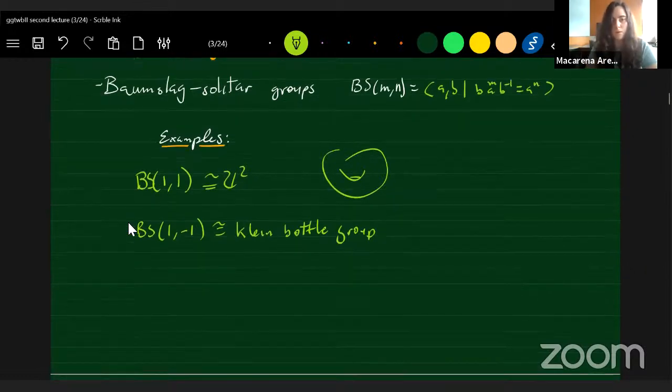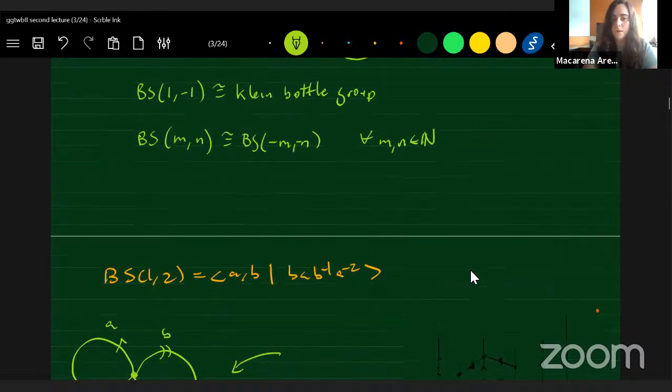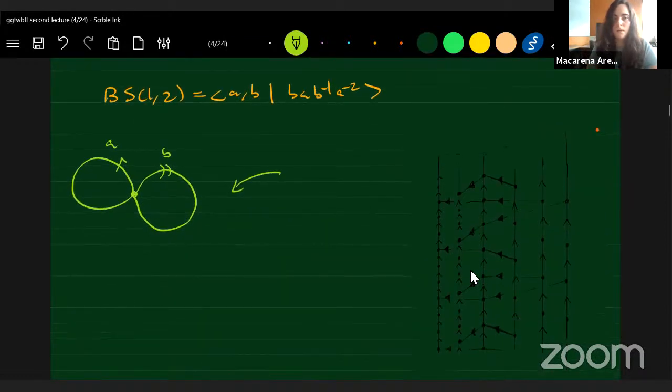And we also know that the Baumslag-Solitar groups BS(m,n) are isomorphic to the groups BS(-m,-n). This is an easy exercise. But the main example we're going to be interested in is BS(1,2).